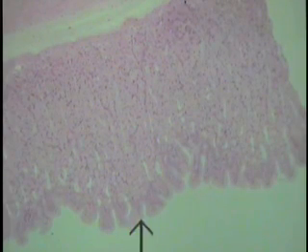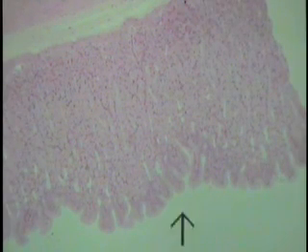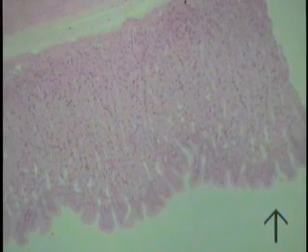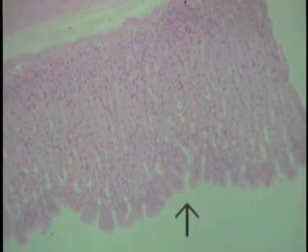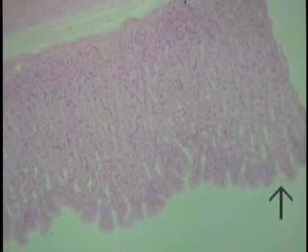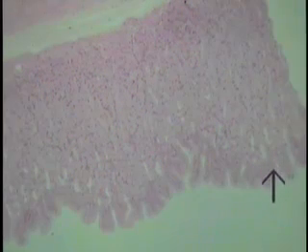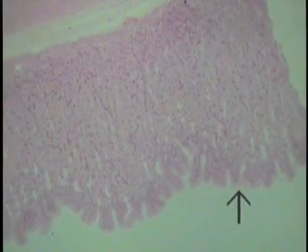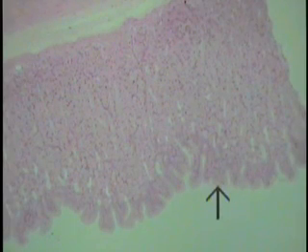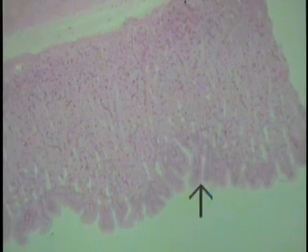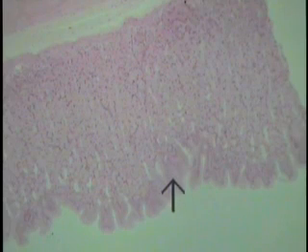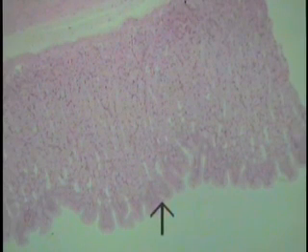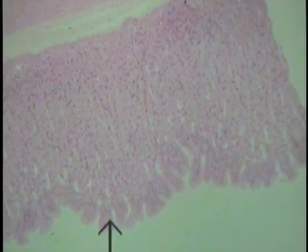This area here, as indicated by the pointer, would be the lumen of the gastrointestinal tube, and in this case, the lumen of the stomach. Even at this low magnification, one can observe that the epithelium lining the lumen of the gastric stomach consists of a simple columnar epithelium.